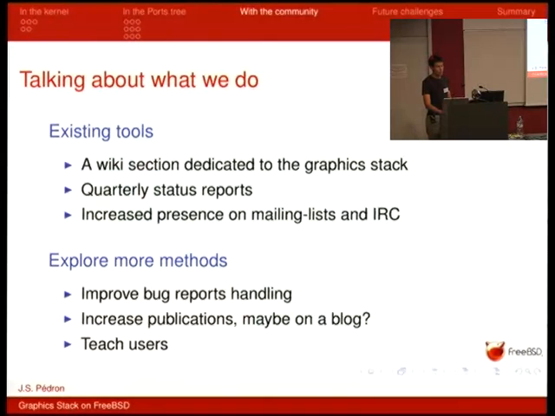We need to continue on that path. We must improve bug report handling and broaden our publications, with, I think, frequent blog posts. And above all, we must teach the user, guide him for him to trust us again.